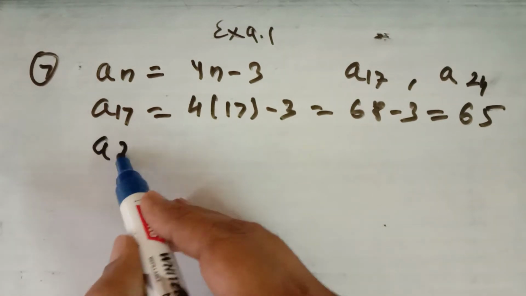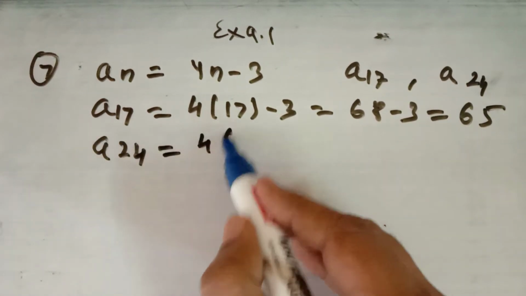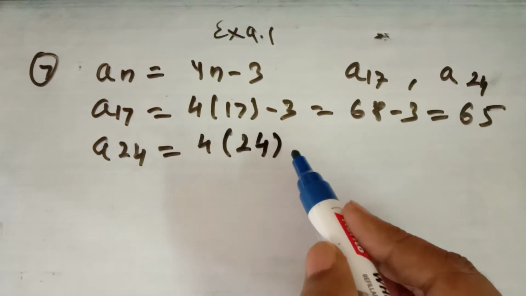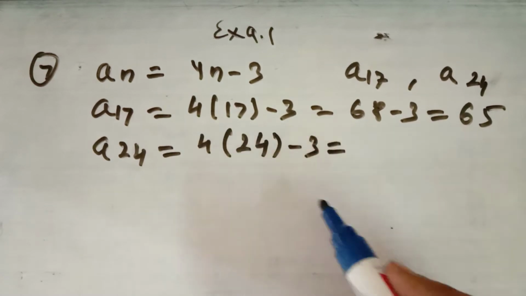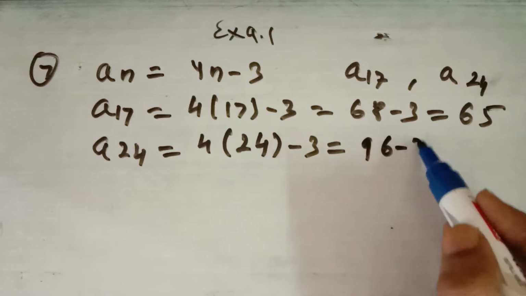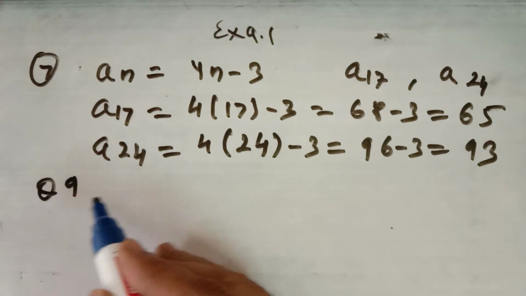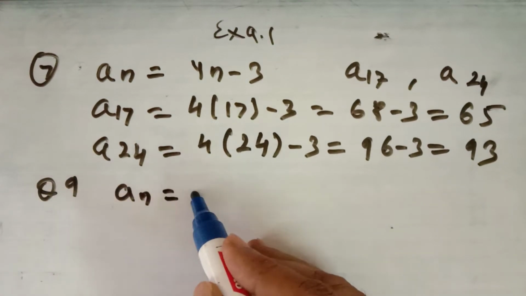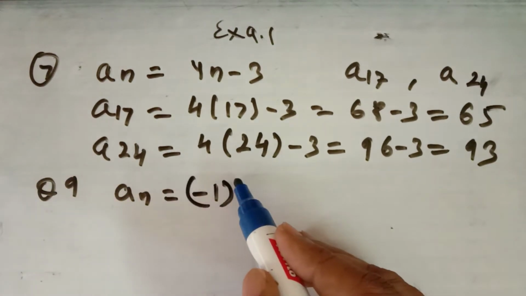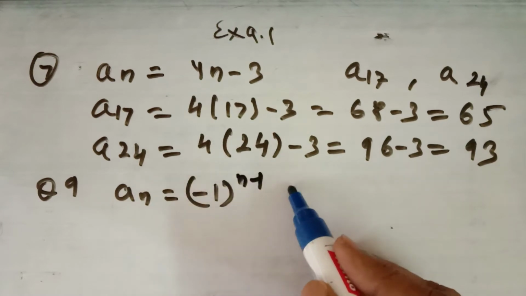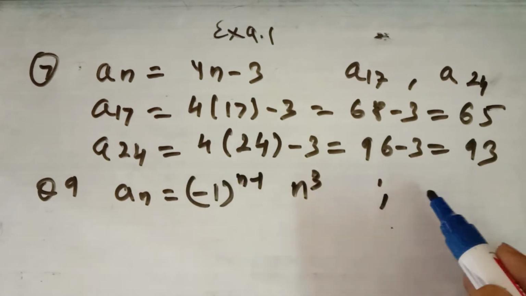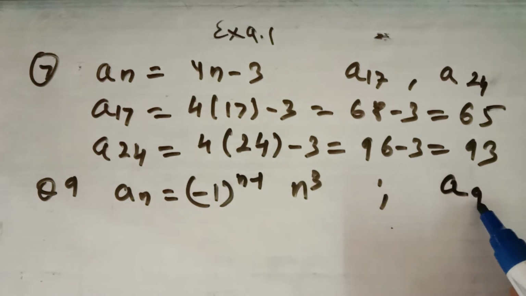And a24, that is the 24th term. So 4 into 24 minus 3, that is 96 minus 3, that is 93. You have to find only its 24th term. Now let us take question number 9. nth term is given as minus 1 raised to power n minus 1 and n raised to power 3, and you have to find its ninth term.